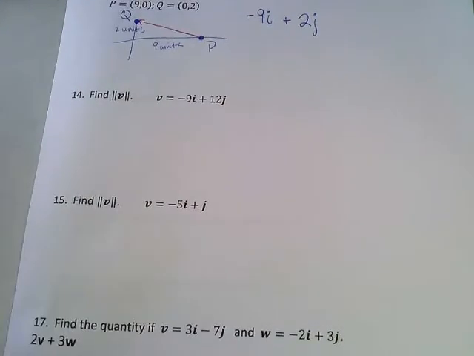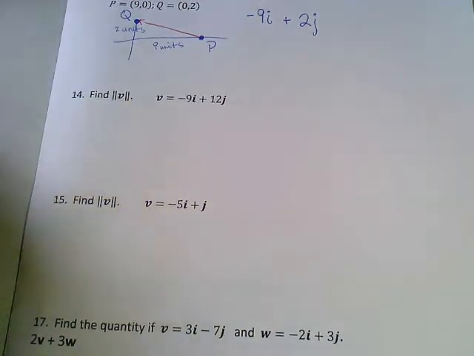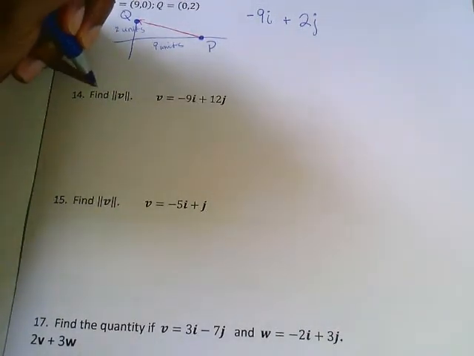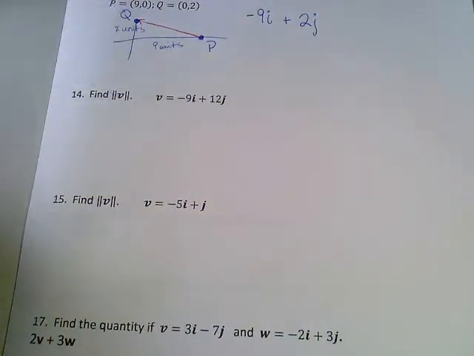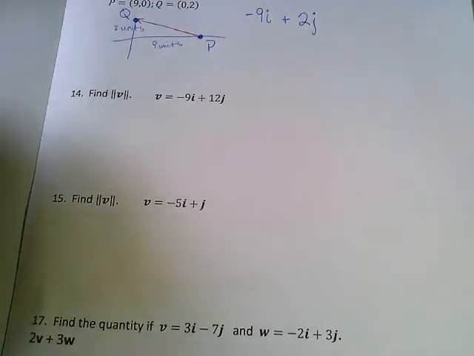Now you see these double straight lines, they look like a double absolute value symbol. This is asking us to find the magnitude of the vector, and this mostly comes into play in physics problems, and we can talk about more of those when we look at some of our applications.